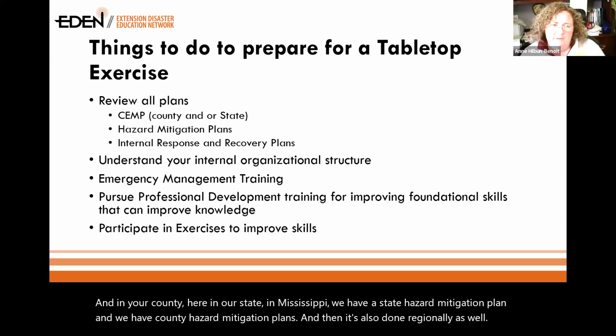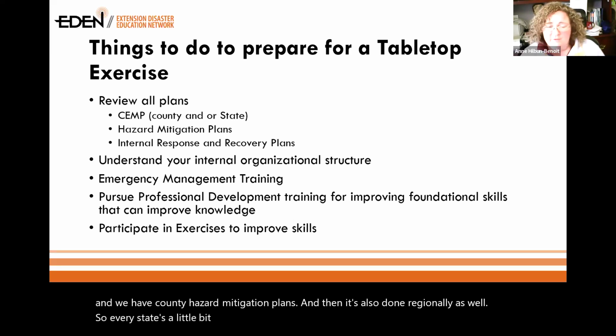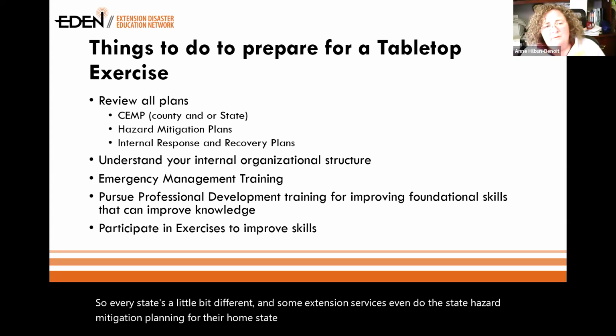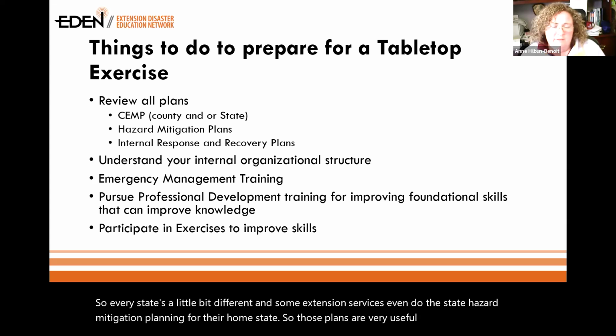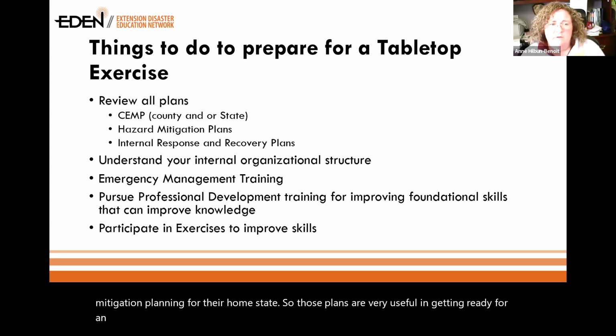So every state's a little bit different, and some extension services even do the state hazard mitigation planning for their home state. So those plans are very useful in getting ready for an exercise and understanding what could be out there as far as your hazards. They're a great document.